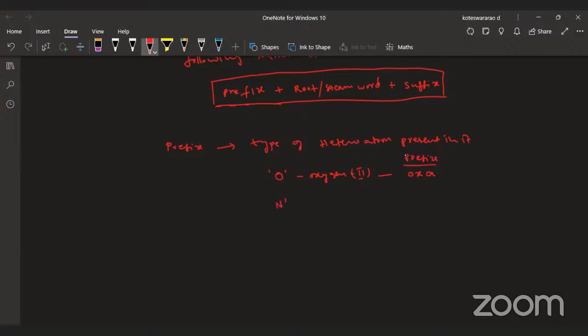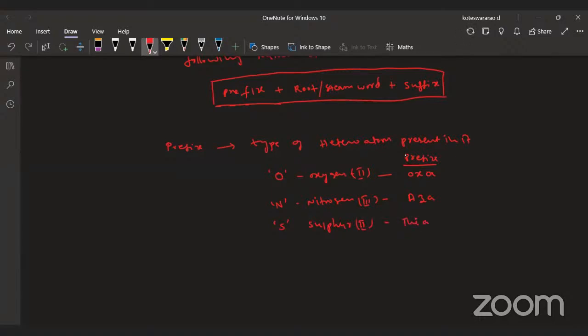Suppose it is nitrogen, with valence 3. It is indicated with aza. Next, sulfur, with valence 2, is indicated with thia.